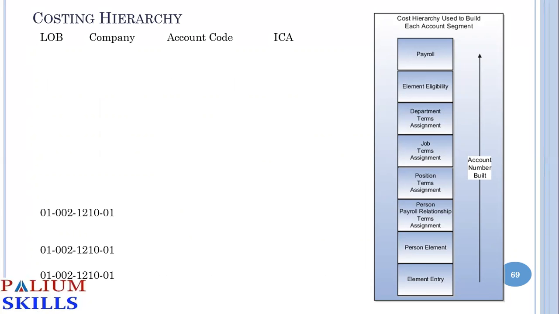Okay, I'll show you in the system, where you can enter the information. So if the default is there, it means that if the system does not find anything at the lower levels, it is definitely going to find something at the payroll level.